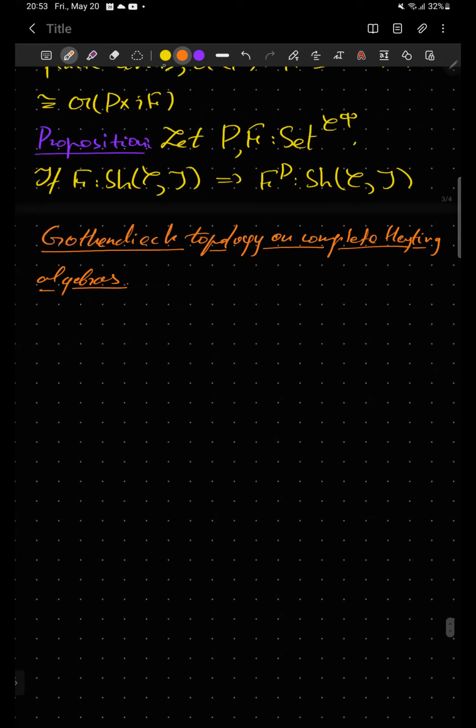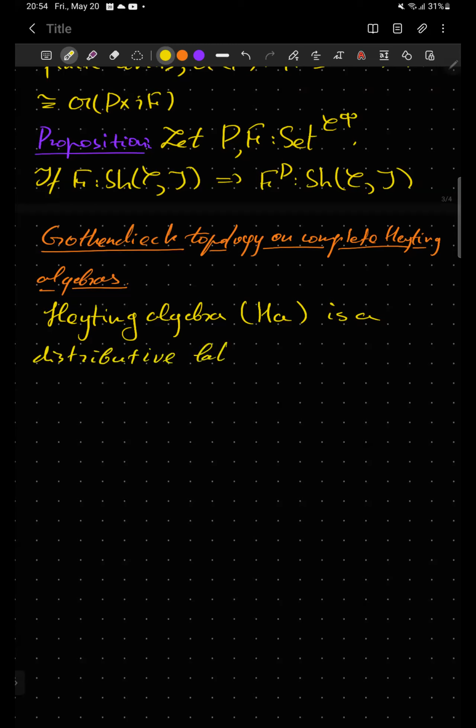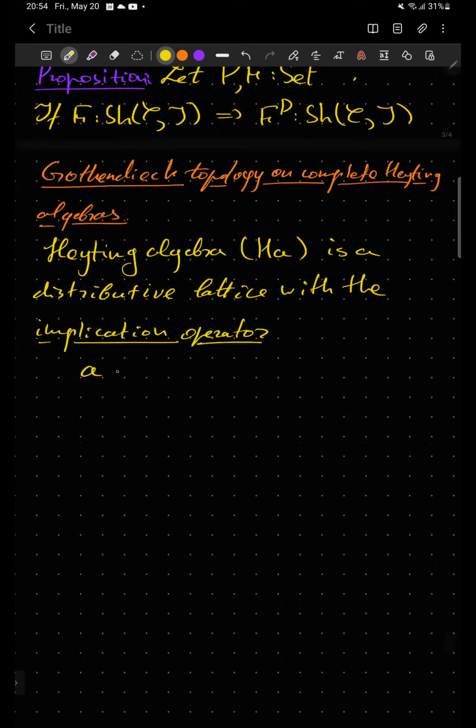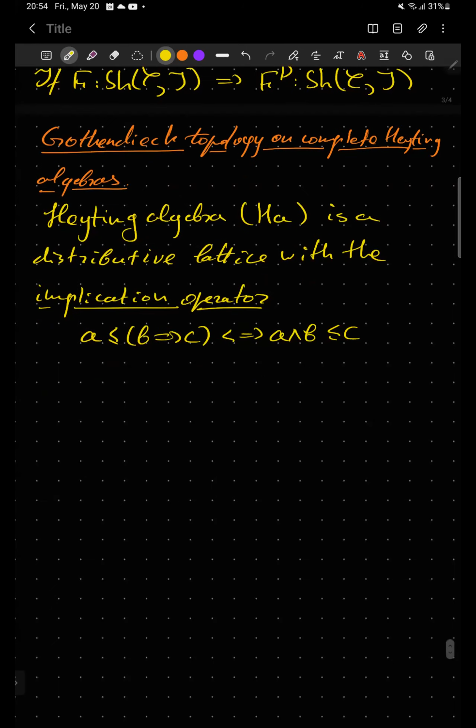Okay, so first of all, I will recall what is a complete Heyting algebra. A Heyting algebra, shortened to HA, is a distributive lattice with the implication operator of the following form.